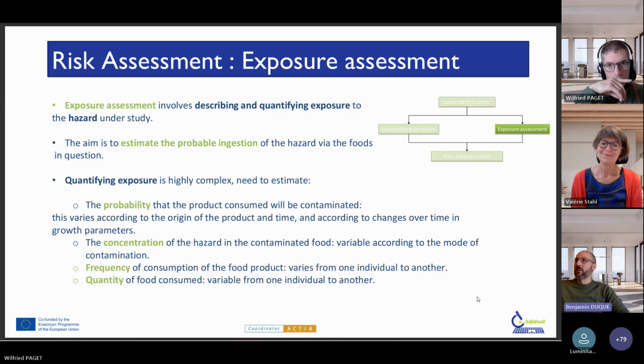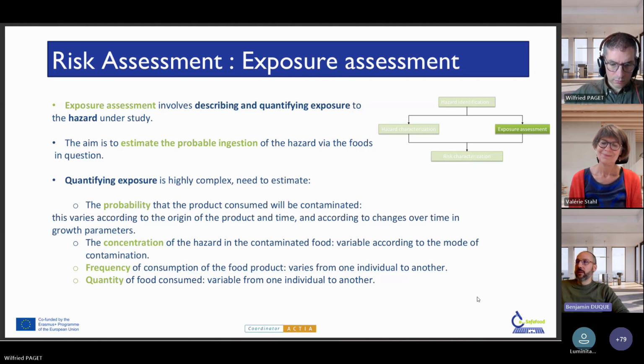The difficulty is also that this probability can vary a lot according to the origin of a product. For instance, some batches can be more contaminated than others. And also the changes over time in growth parameters, especially if the process is not well controlled. And pH or aW can vary greatly between batches.